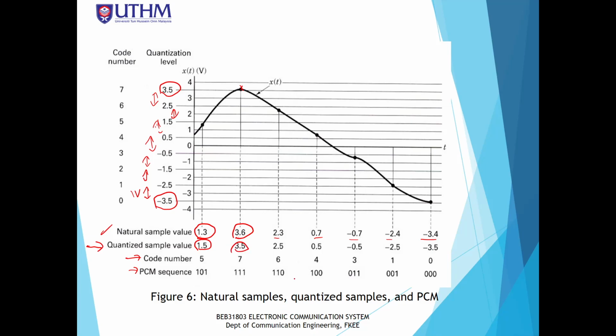The third sample is 2.3 volt, and the nearest quantized level would be 2.5. Next, sample 0.7, the nearest would be the 0.5 quantized level. So you see that we rounded up the sample value to the nearest quantized level.